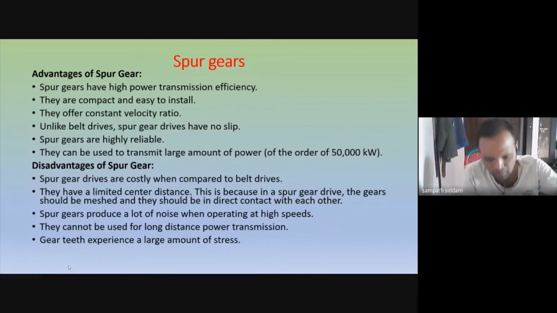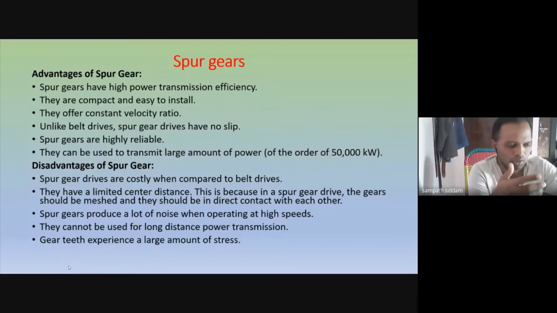You have major advantages as well as disadvantages of spur gears. First, the advantages. Spur gears have high power transmission, which I have listed before. They are compact and easy to install because production is simple in construction. They offer constant velocity ratios.